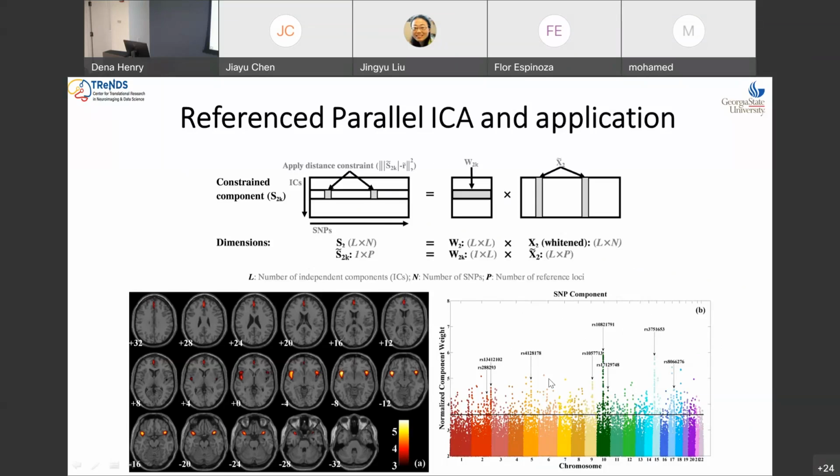And we show that this SNP component generalized to a new schizophrenia data set, where this component also showed schizophrenia versus control difference. So it's reliable, proving that these newly identified SNPs together with the reference ones, their combined effects do show schizophrenia relevance.